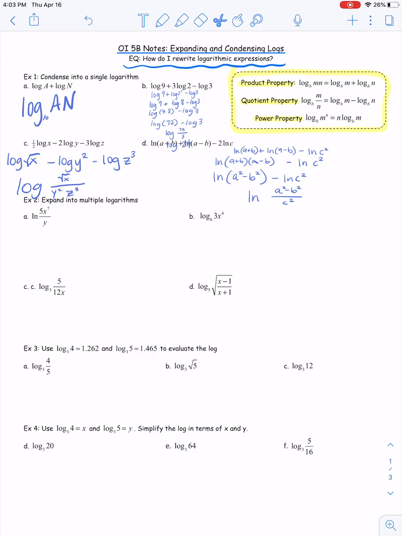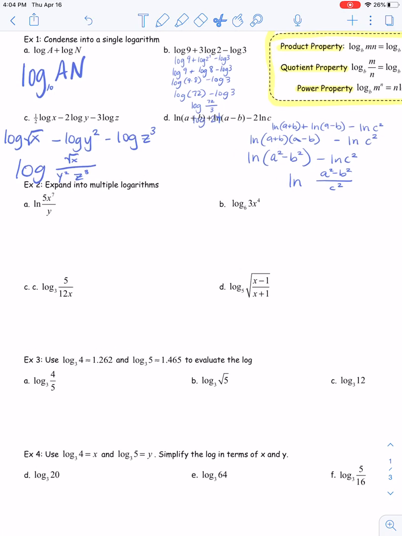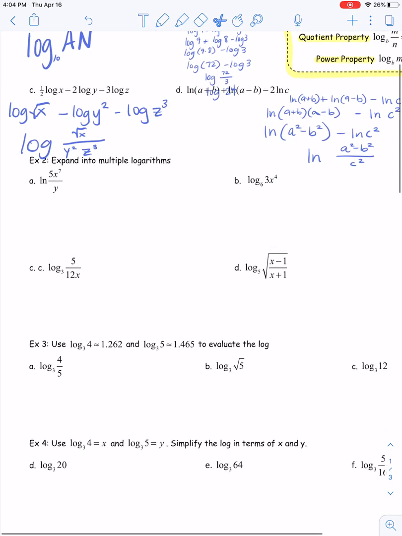Or if you see a division problem, then you know you're going to be subtracting those logs. If you see an argument raised to a power, then you know that that power is the coefficient of that log. So we're working backwards here. Again, you can kind of start in whatever way that you want. Division is obviously the most identifiable, I guess I would say.